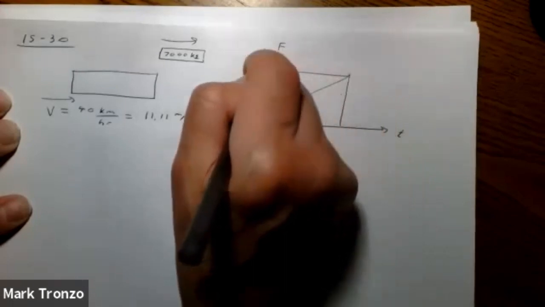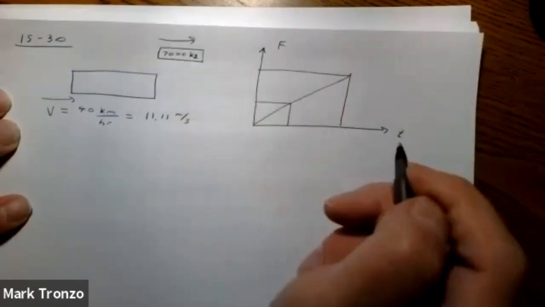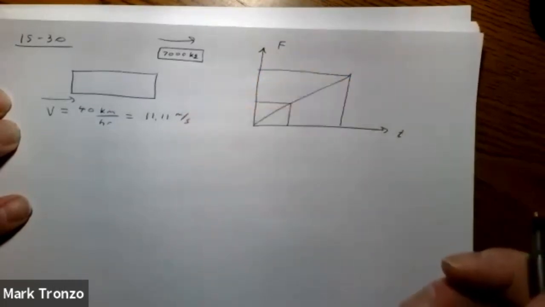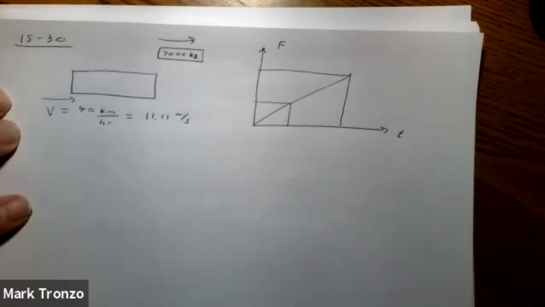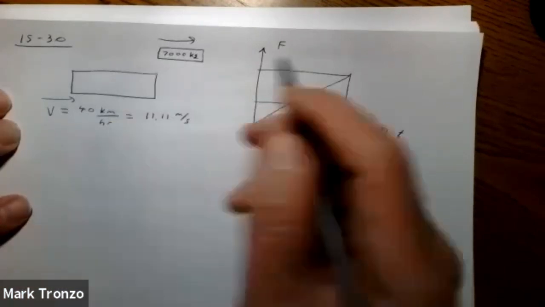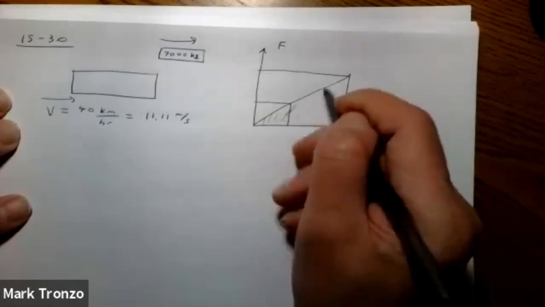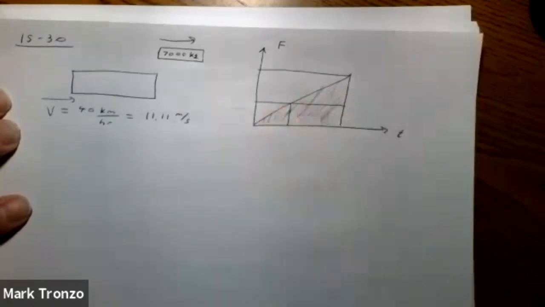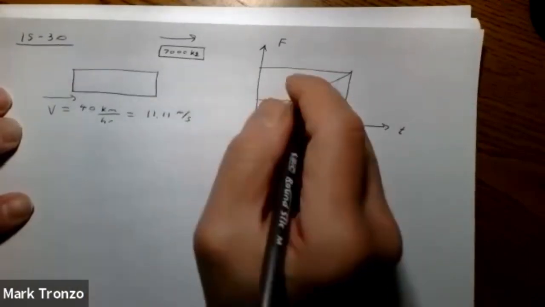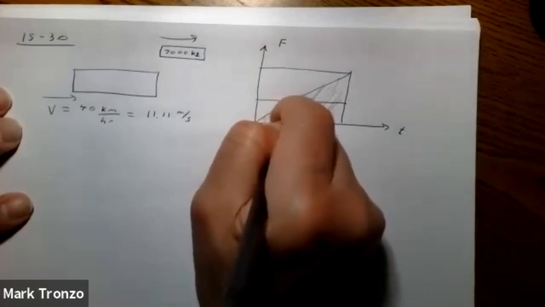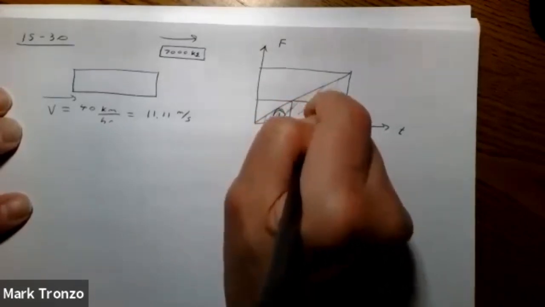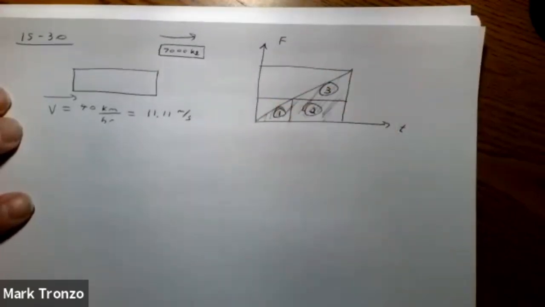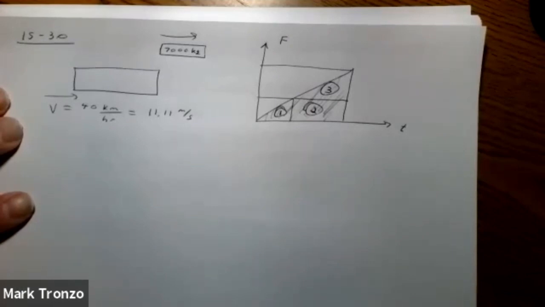So if we have something like this, we'll have to break this down now. Actually, you know what? We're really only dealing with what's under the curve here, aren't we? So we're really just dealing with what's right here. So we can break this up into parts probably. So if we call this maybe section 1, this section 2, this section 3, like this.